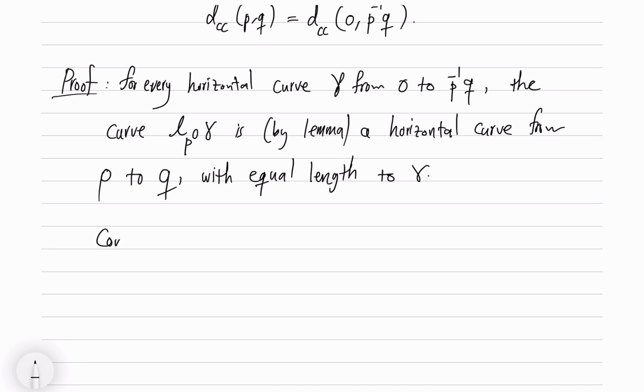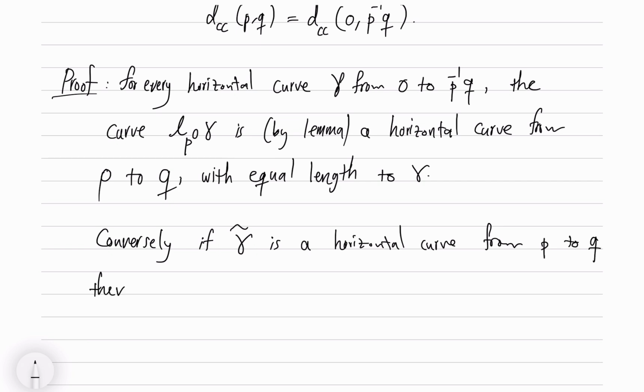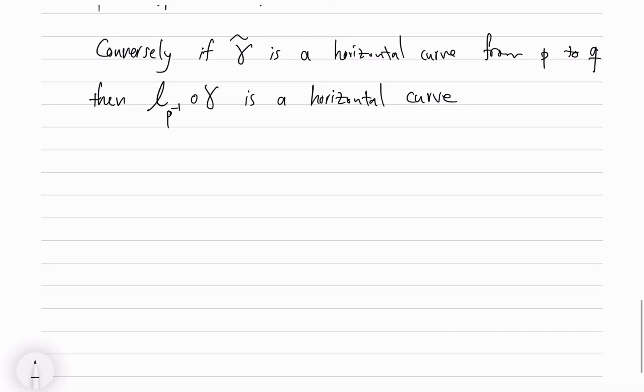But conversely, if gamma tilde is a horizontal curve from P to Q, then the left translation by P inverse is a horizontal curve. Notice I never mentioned right translation, so to go back to the origin, I don't do right translation. It's always only left translation.